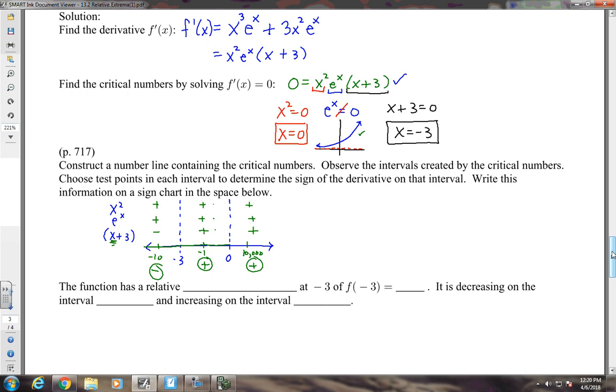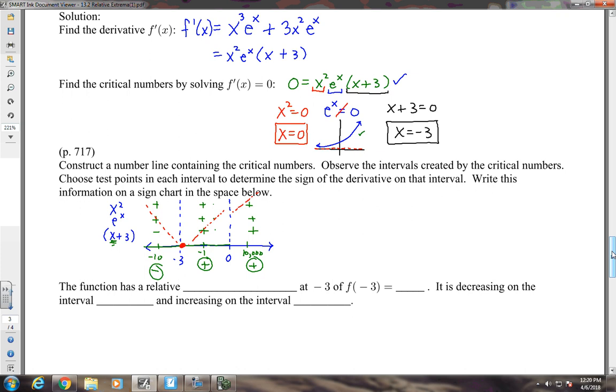So let's think about the shape of our graph. It would be decreasing, and then it would be increasing, and then it would be increasing again. So I can see that a minimum is formed right there at -3.